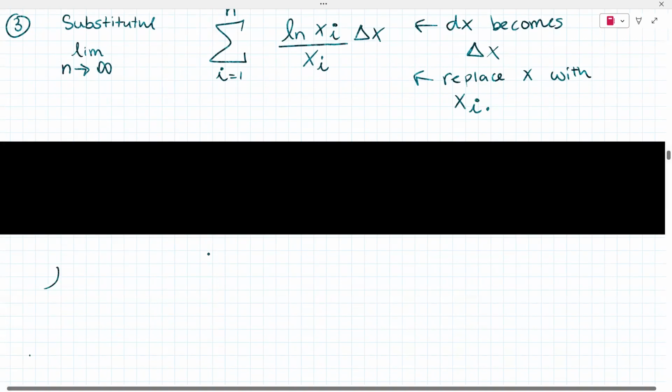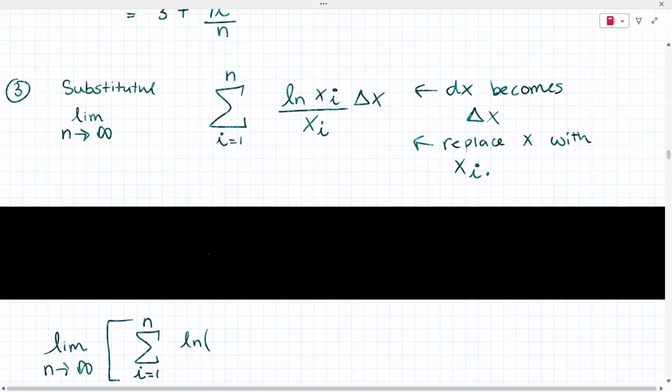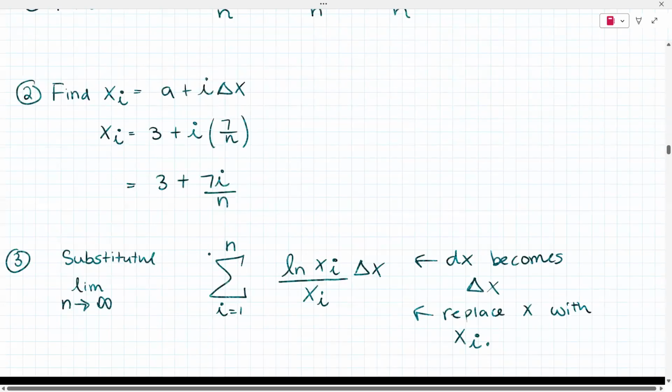As a limit as n approaches infinity, times the summation of i equals 1 to n, and then you have ln of x sub i, and we said that x sub i is 3 plus 7i over n.